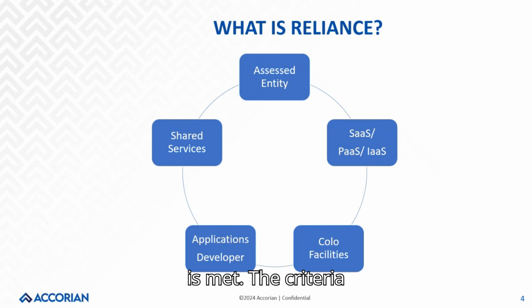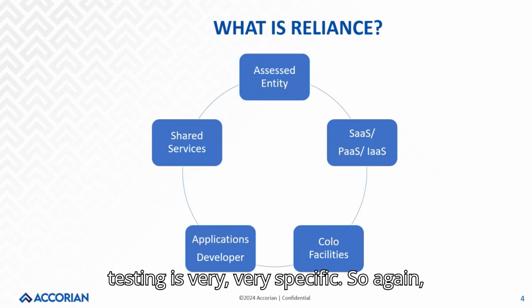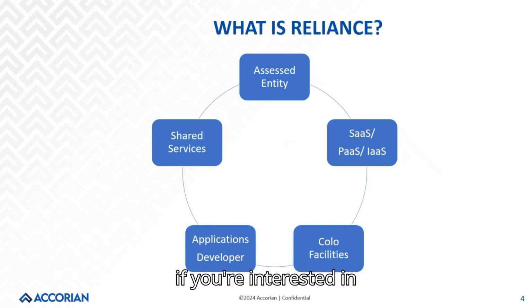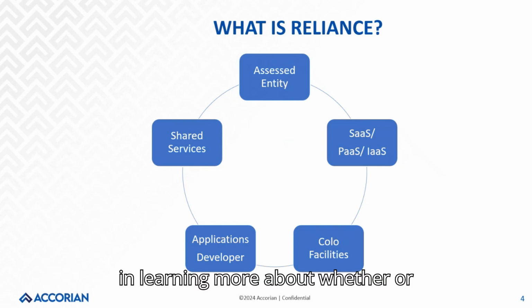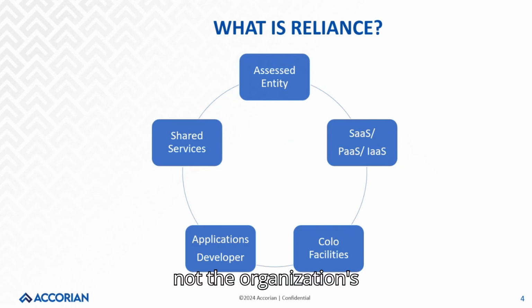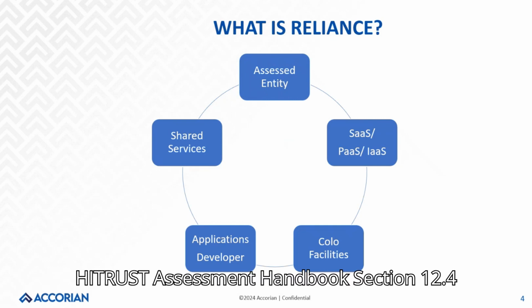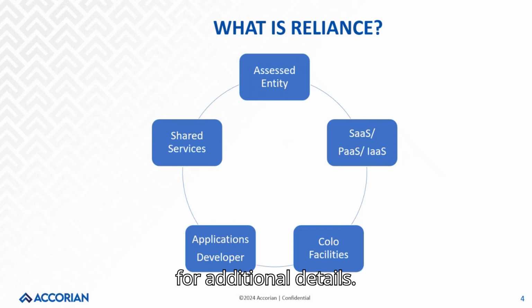The criteria for relying upon internal testing are very, very specific. So again, if you're interested in learning more about whether the organization's internal audit or security testing services meet these criteria, please review the HITRUST Assessment Handbook, section 12.4 for additional details.